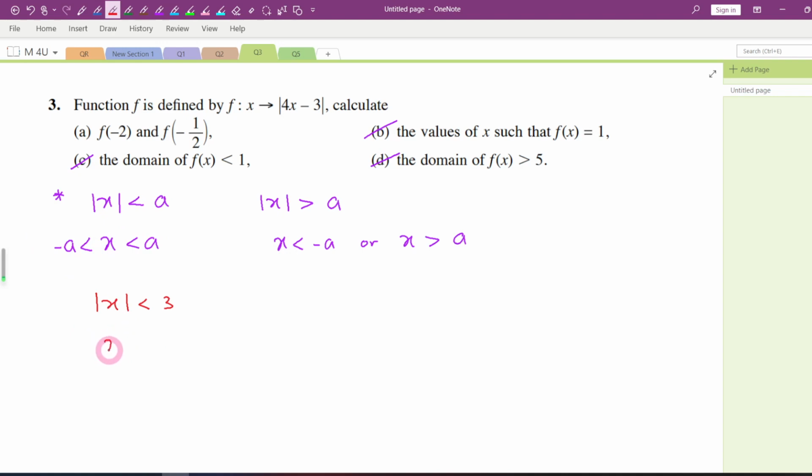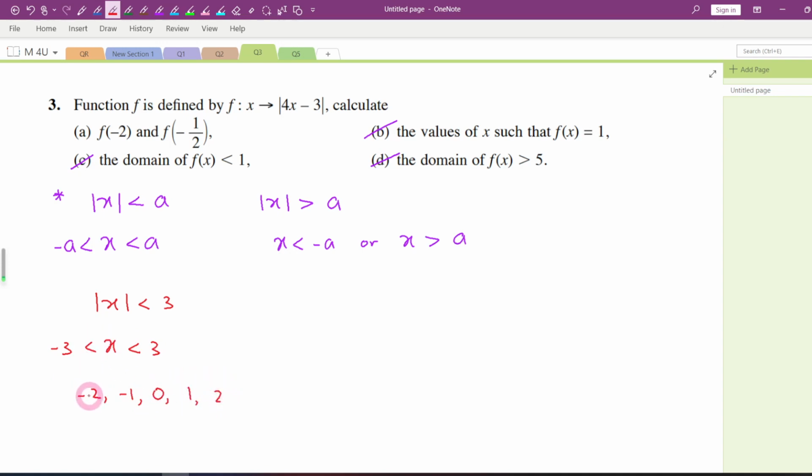So we know that x must be greater than -3 but less than 3. Is this correct? Okay, now we just consider the integers between -3 and 3. So it will be -2, -1, 0, 1, and 2, right?